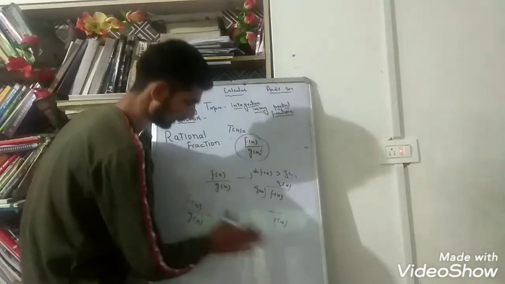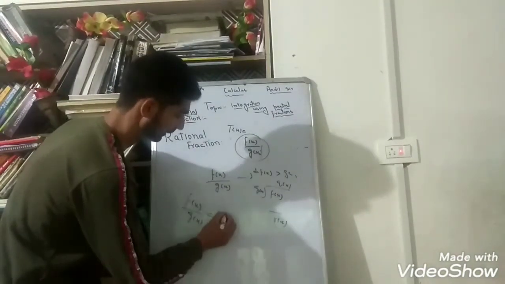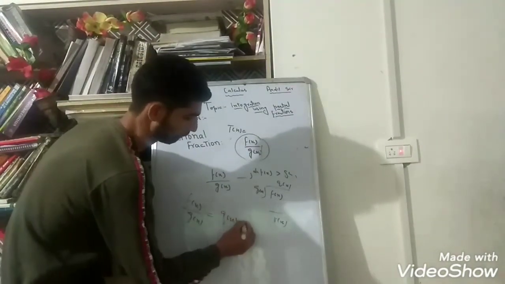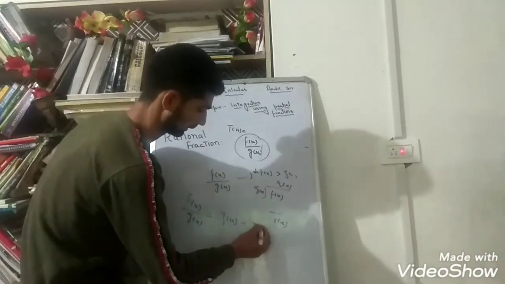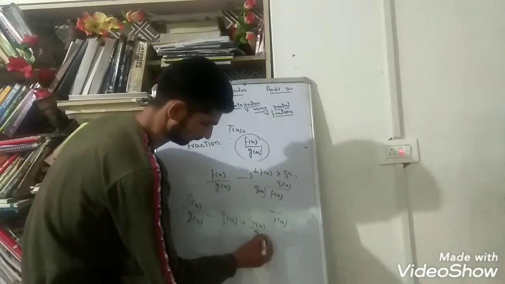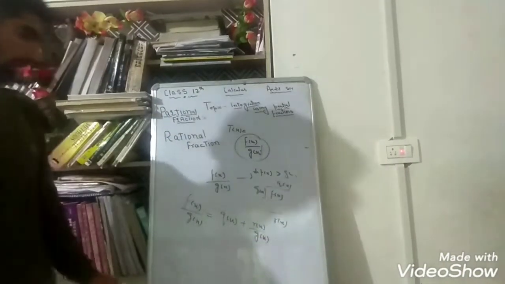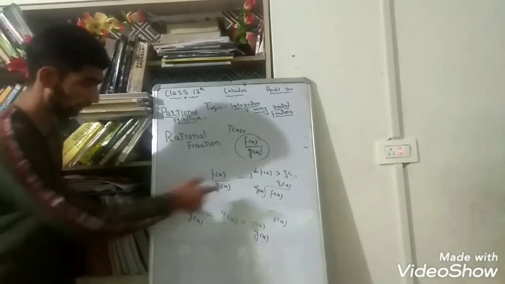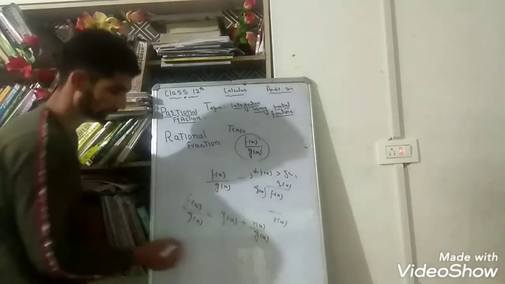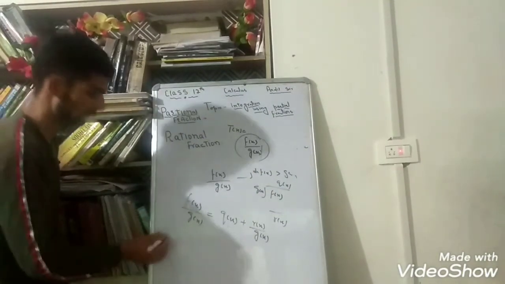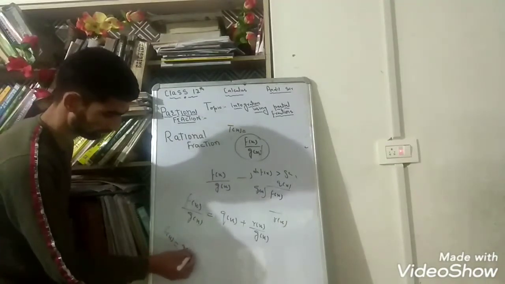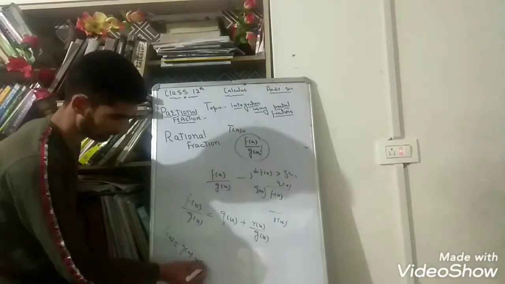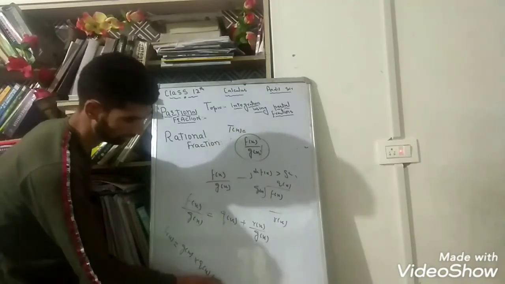we can write it like this: q(x) plus r(x) divided by g(x), because we know that when we divide f(x) by g(x), by Euclid's division f(x) is equal to g(x) into q(x) plus r(x).